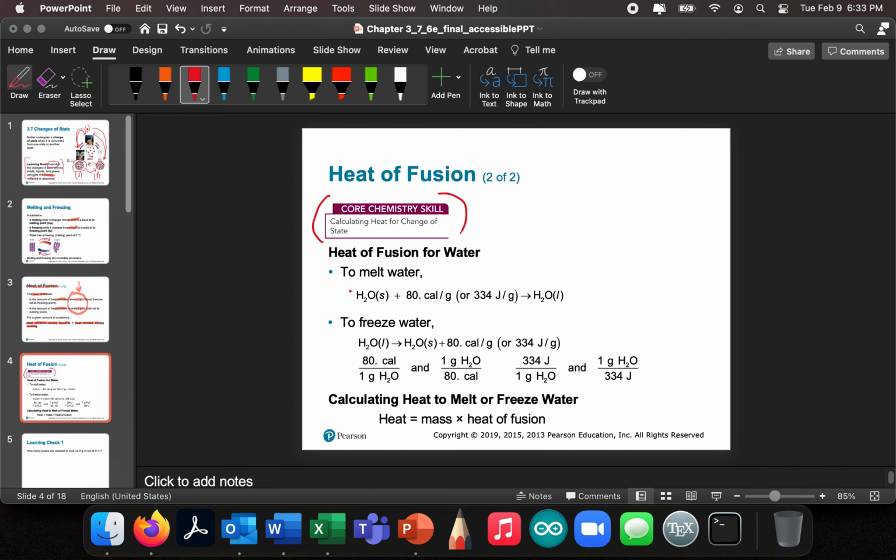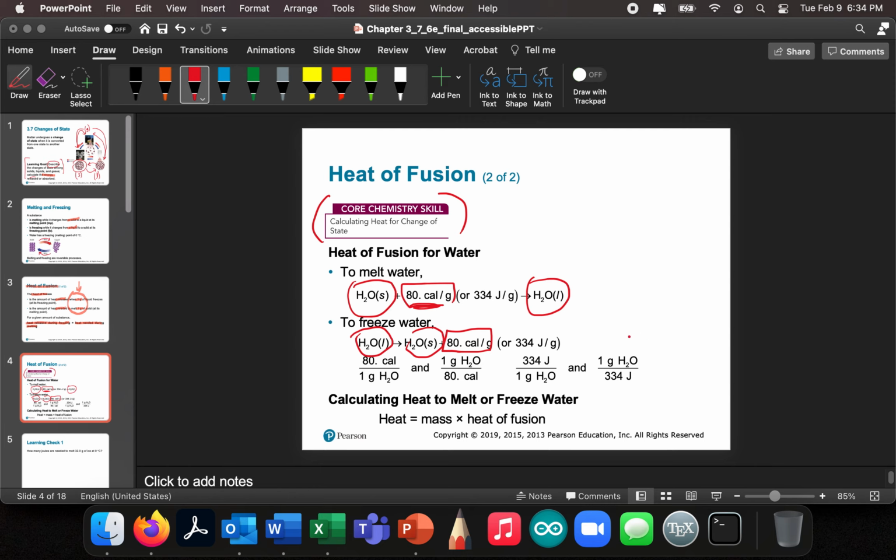So to melt water, we have to invest 80 calories per gram. Here's water solid, here's water liquid, and that's how much we have to add to it in order to melt it. Now to freeze it, we actually get 80 calories per gram back out.